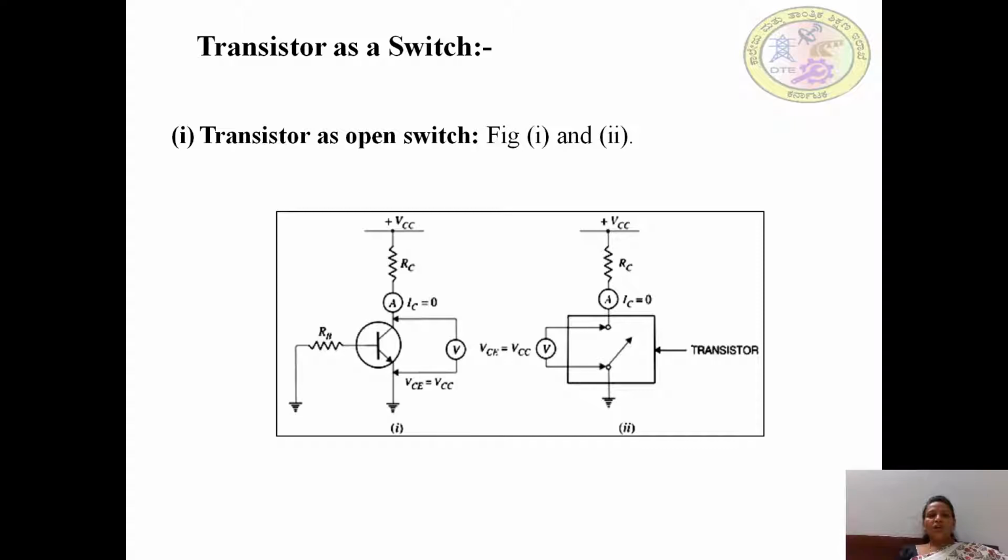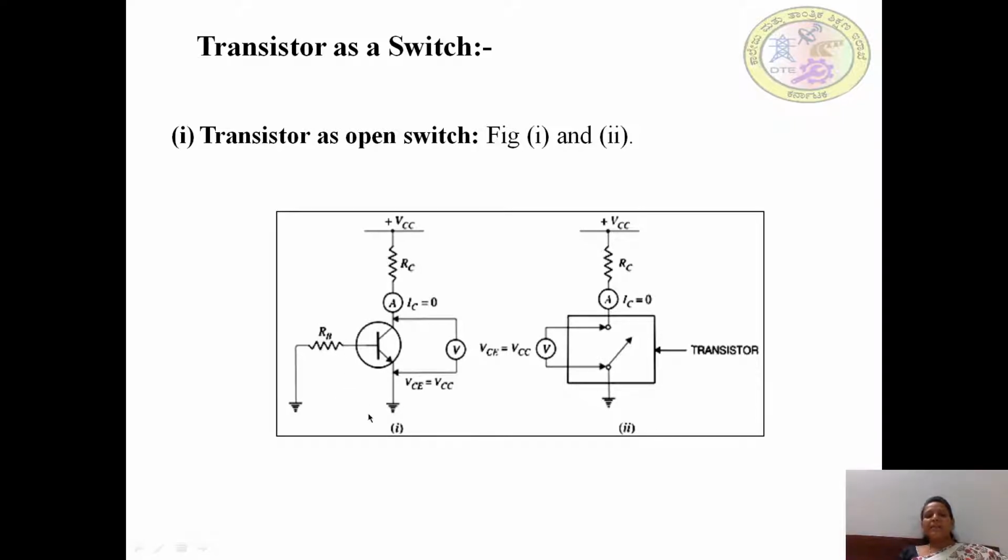So in this picture, the transistor is connected in common emitter configuration as I said, and this circuit is similar to an open switch. Now let us consider the base emitter junction is applied with zero voltage, or it is sufficiently negative.